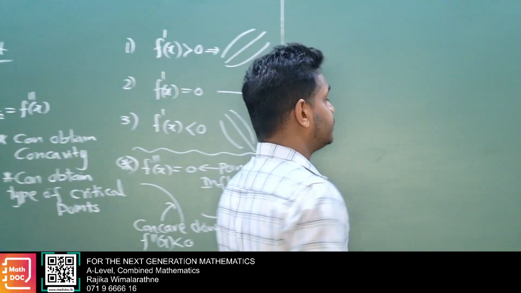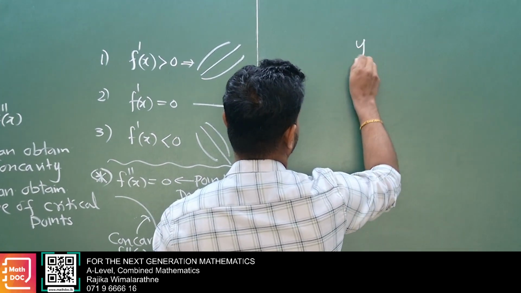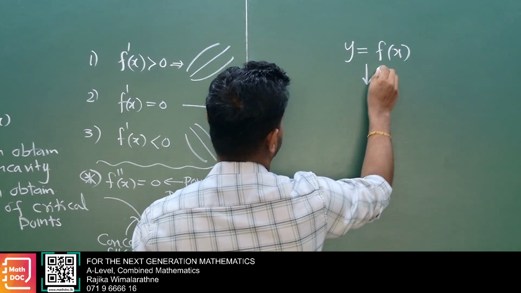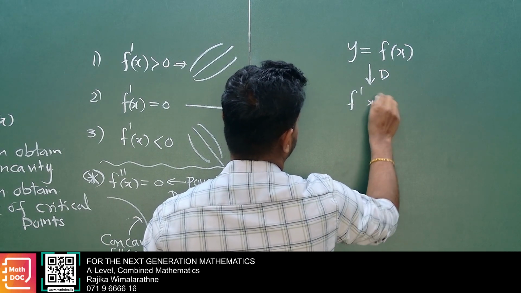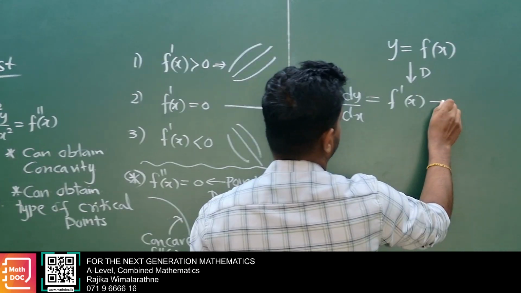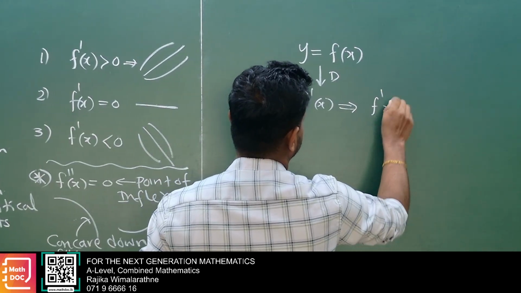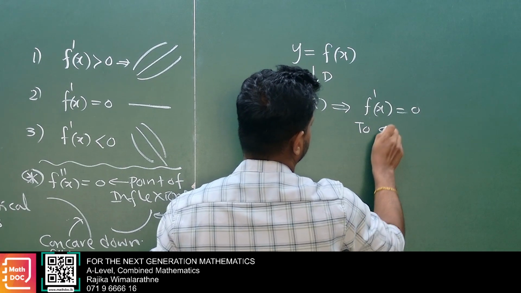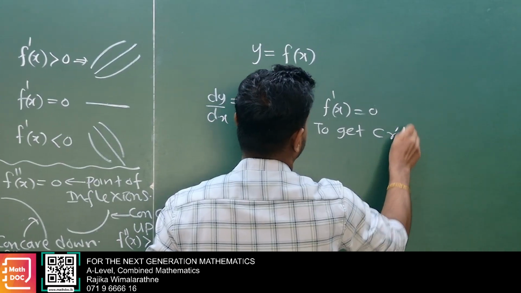Consider the function y equals f(x). Differentiate, then we get f dash x, dy by dx. Set f dash x equal to 0 to get the critical points.